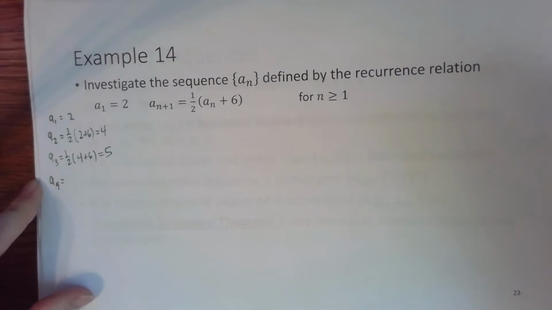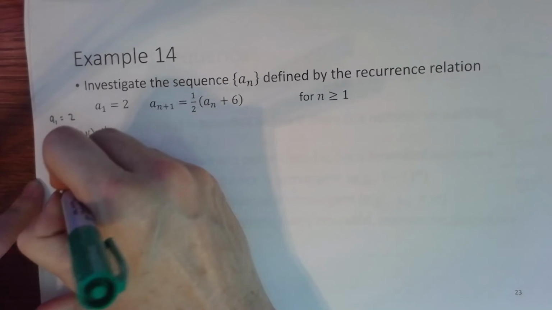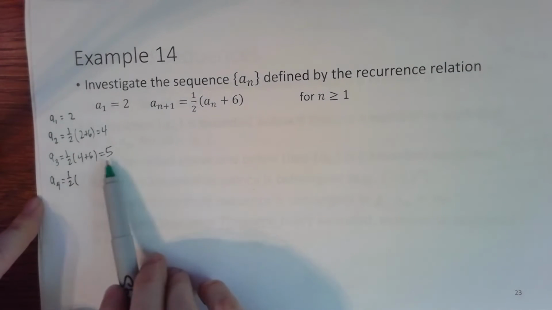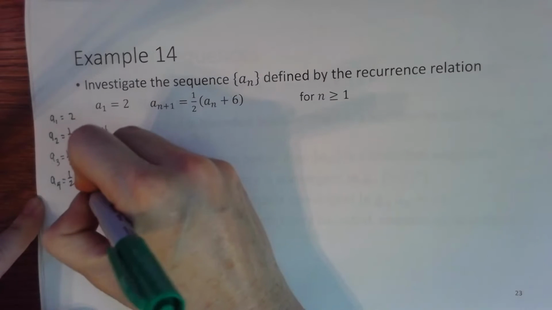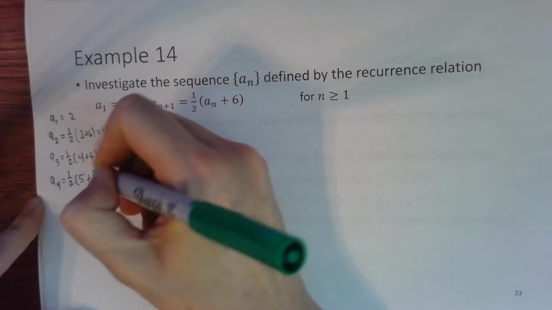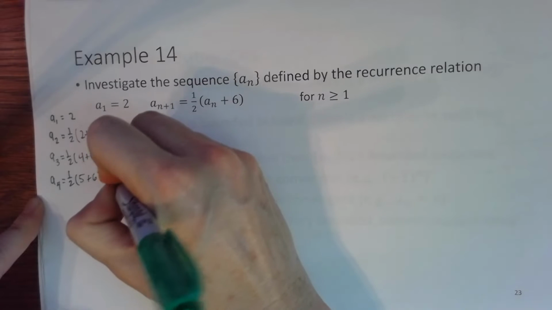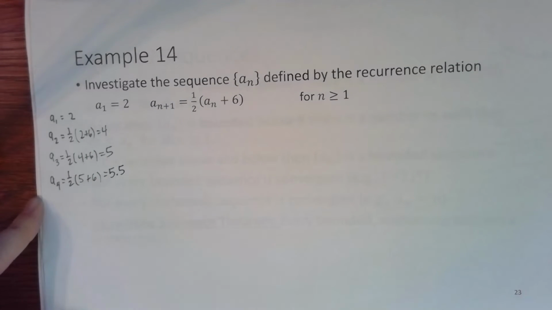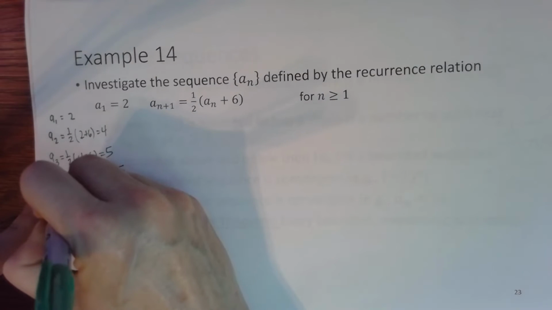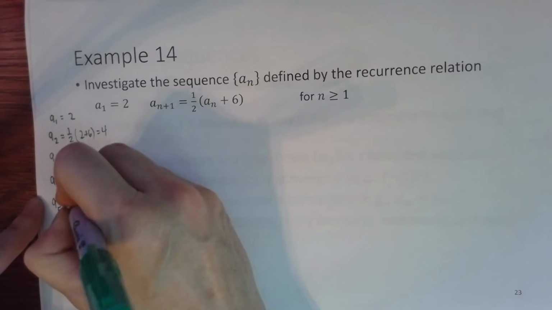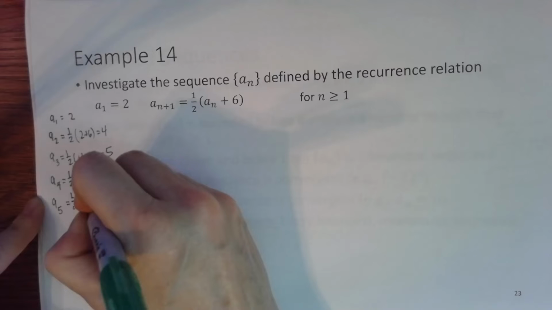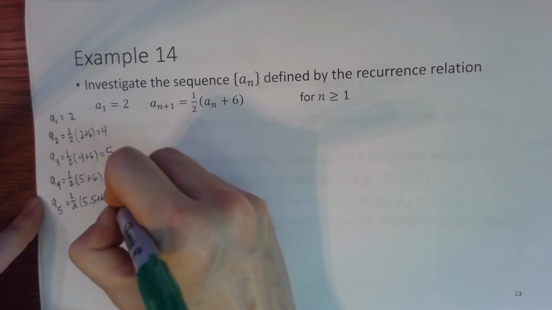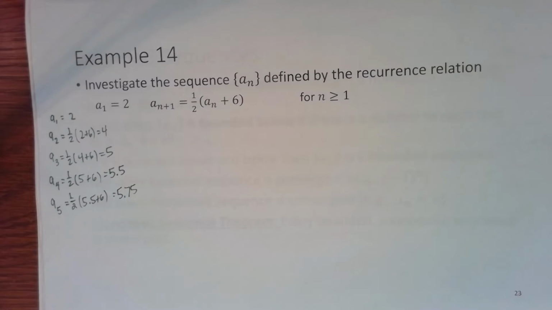To get the fourth one, I have to do 1/2 of a sub 3, which is 5, plus 6. So that's 11/2, or I'll write that as 5.5. And then a sub 5 is going to be 1/2 of that 5.5 plus 6. That's going to be 5.75.